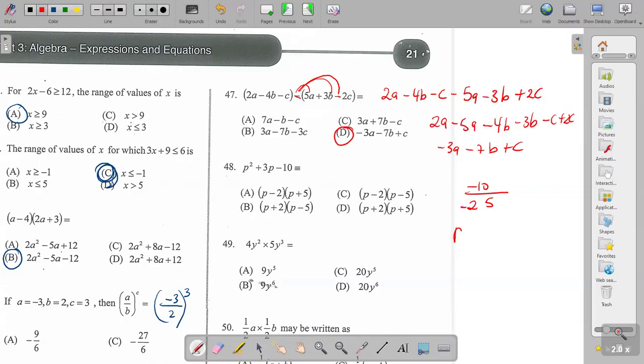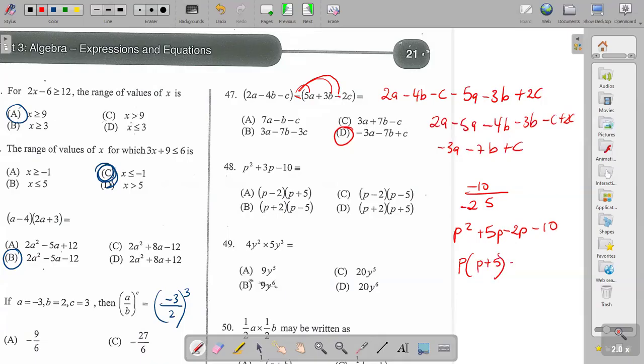So we're going to end up with p squared plus 5p minus 2p minus 10. Why did I choose minus to go to the back? So it could match with this negative here. See, I just switched it so that it could match the two negatives and two positives. So when I pull out p, I'm going to end up with p plus 5.